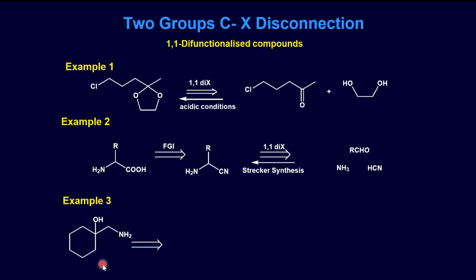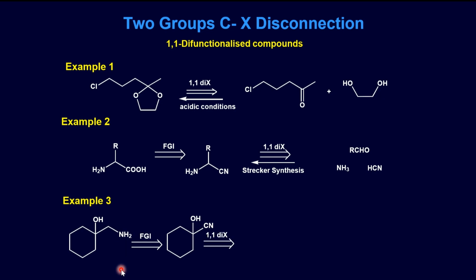In this case, this CH2NH2, I replace it by cyano. The cyano group I reduce using a suitable reducing agent, so that the C triple bond N gets converted into CH2NH2.